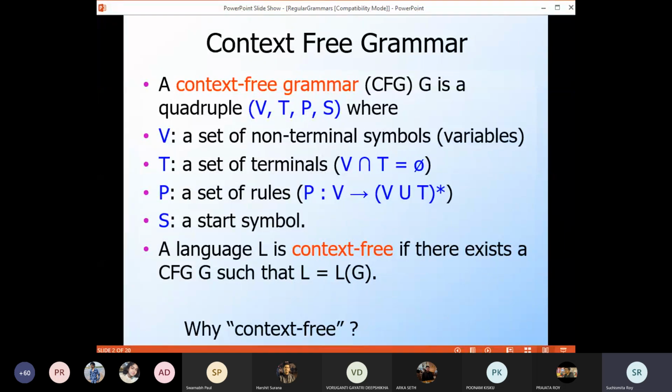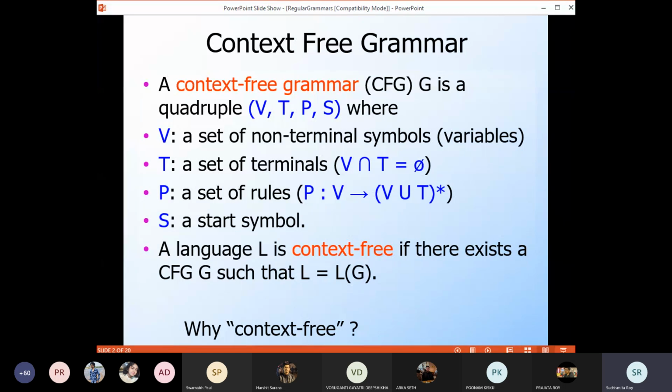So in the context of alpha and beta to the left and right of this variable, only you can replace the variable. Okay, so that is a kind of context sensitive rewriting or context sensitive substitution. But in case of context free, context is not mentioned. Where you can apply the substitution rule is not mentioned. You can apply it anywhere, and you should be able to get the strings which belong to the language.